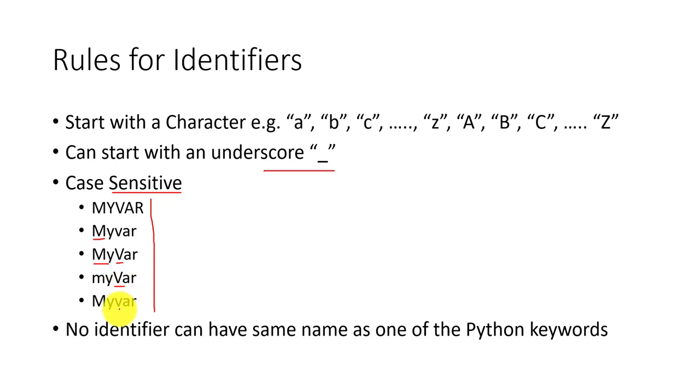And in the fifth example, this M is uppercase, although this second example and fifth example are exactly the same. So these are not different. However, other variables are all different. So it is important to remember that the variable names are case sensitive in Python.